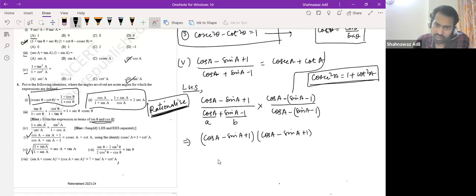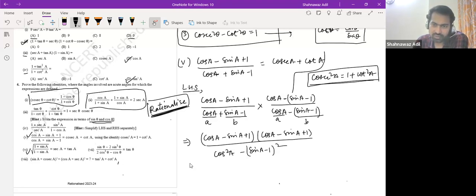And in the denominator, we have A square and minus B square. Am I correct, guys? Is this clear?